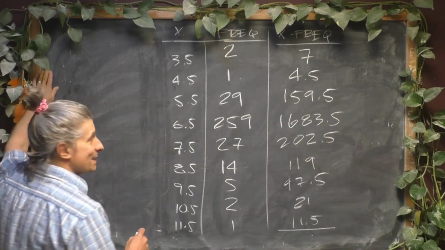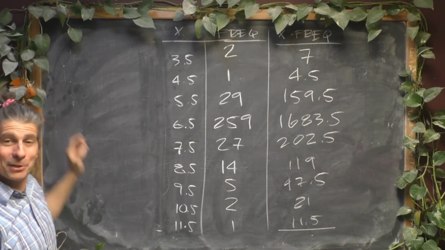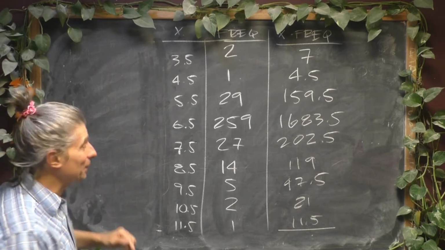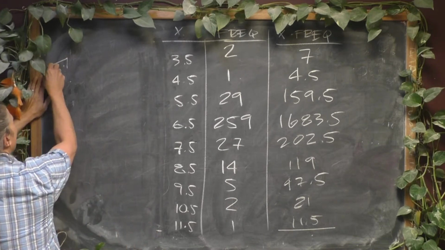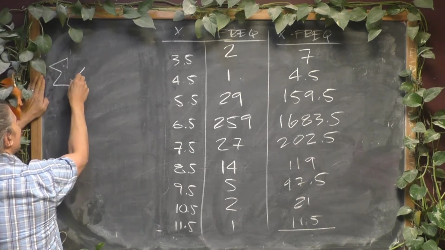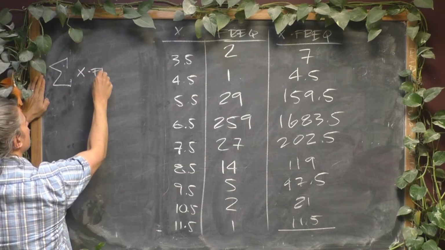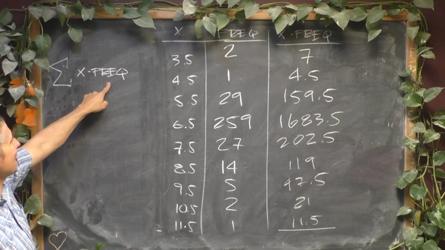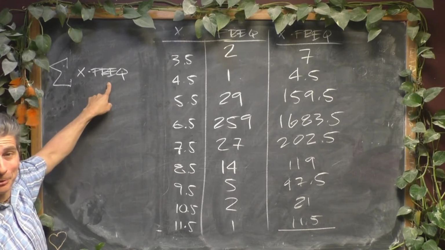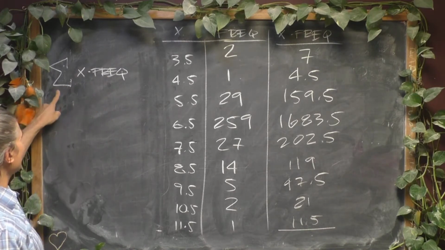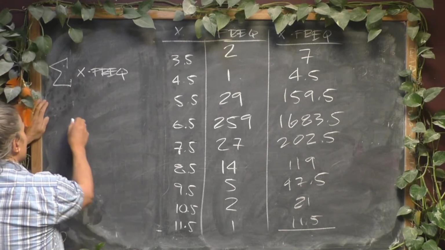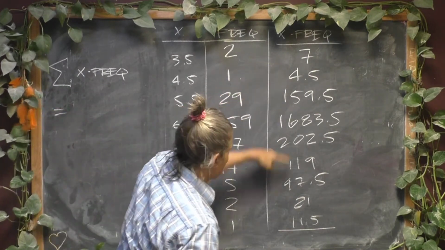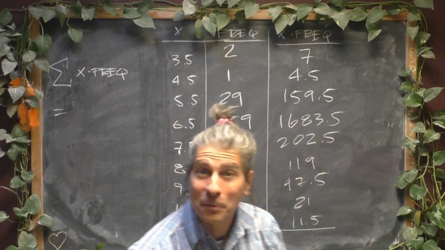I'm going to use the summation notation we talked about earlier. What is the sum of each of the data points times its frequency? That little summation notation is going to come in handy. The sum of the data points times the frequency is going to be equal to all these numbers added together, and I cheated and wrote that down too.